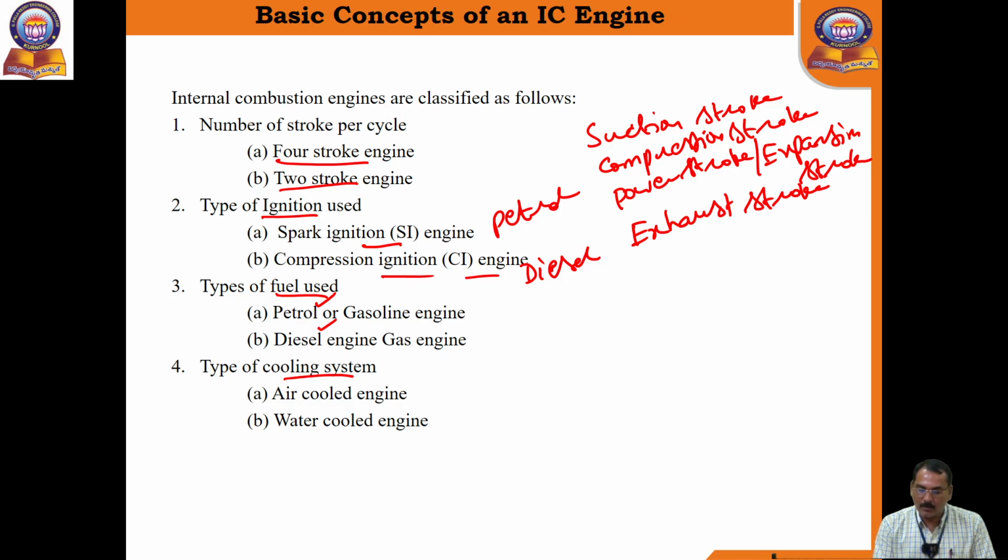Then air cooled engines, for example two-wheelers. In two-wheelers, we are not using any water. The engine is cooled by the air only. Water cooled engines, four-wheelers. There we use water in order to cool the engine cylinder.